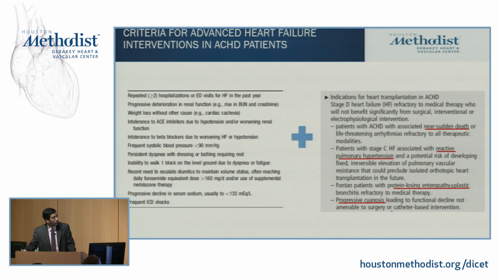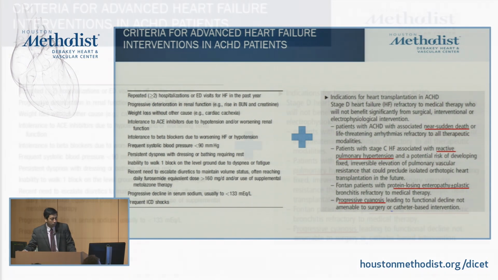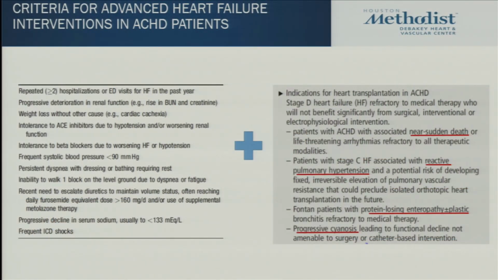The same with patients who have stage C heart failure, which means they're able to do their daily activities of living, but have reactive pulmonary hypertension, which means it's not fixed, and you want to catch them before then, because unlike our patient, who truly has fixed pulmonary hypertension, in which case you're really looking at a dual organ transplantation.